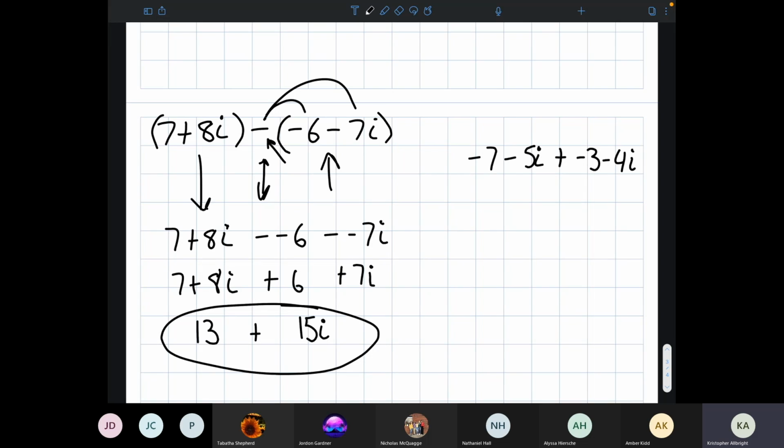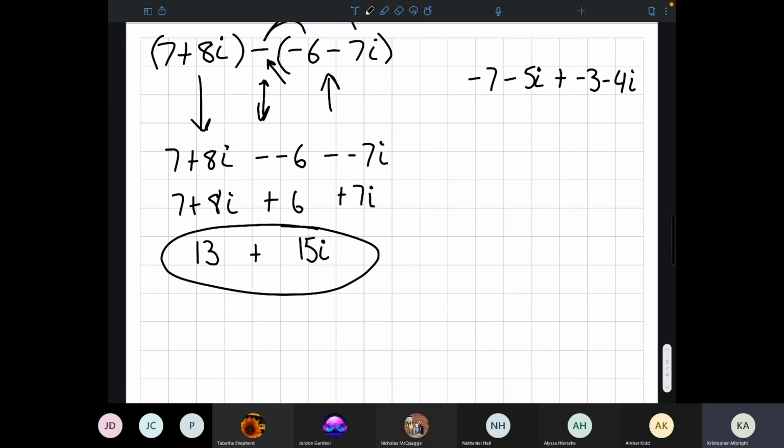So number 6, I don't really think you can do anything to it. Let me check just to be sure, though. Let me look at your lesson. Okay, so what it wants you to do is get rid of the i on the bottom, and you do that just by moving it to the top.